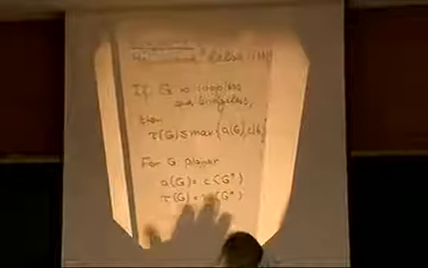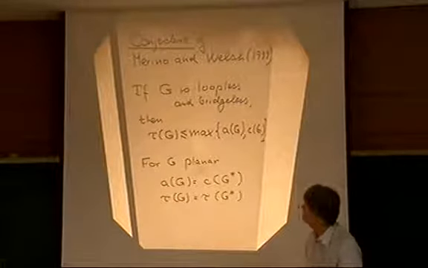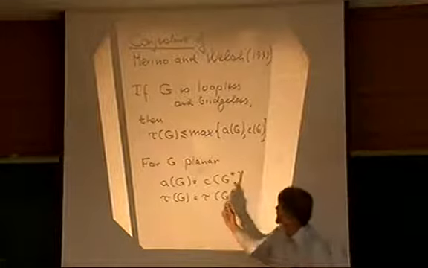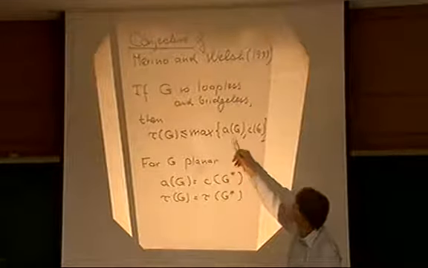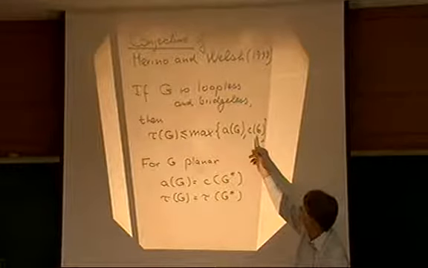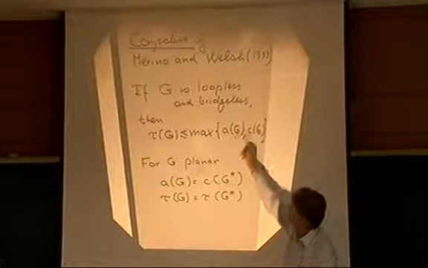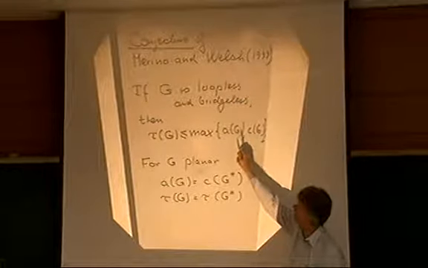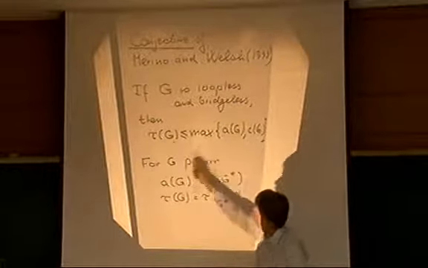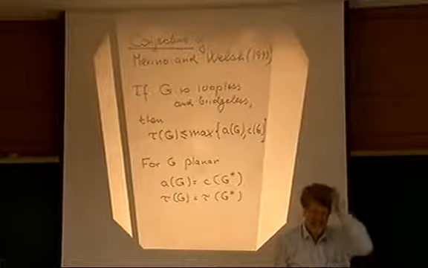But still, are there some connections? Here is a conjecture of Merino and Welsh. They conjectured that if you look at these three numbers, the number of spanning trees, the number of acyclic orientations, and the number of totally cyclic orientations, then, well, one of these two could be very big and the other one could be very small. But they believe that one of them will always be bigger than the number of spanning trees.